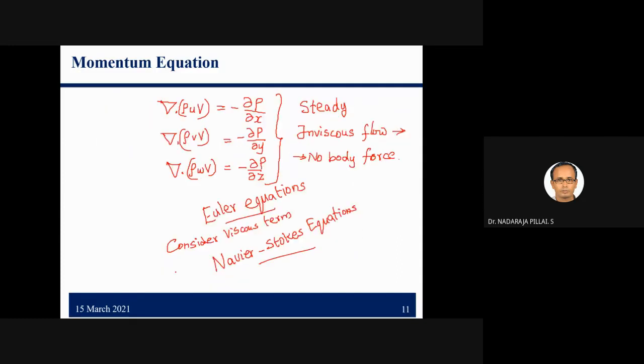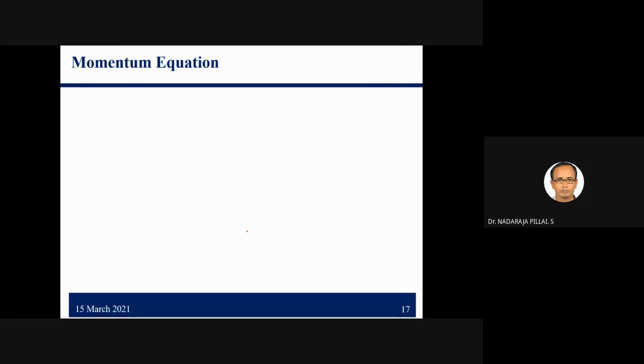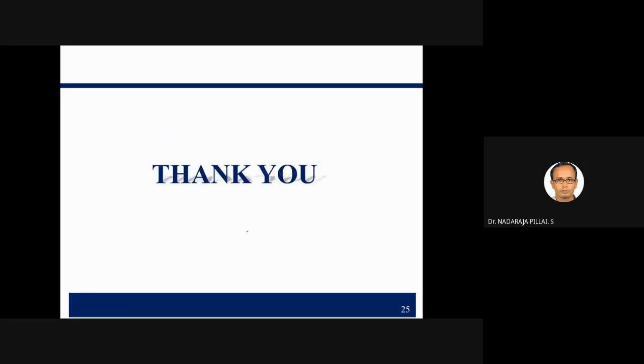We arrive at a conclusion for steady, inviscid, and no body force conditions. This is the set of equations. I said this is the Euler equation, and if we consider the viscous term, then it becomes the Navier-Stokes equation. So I stop at this point. Thank you very much.